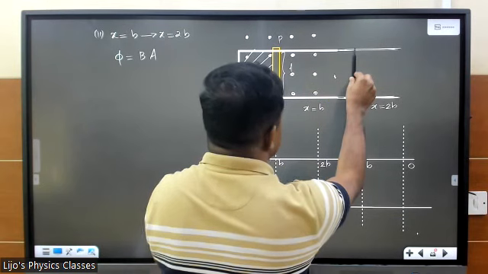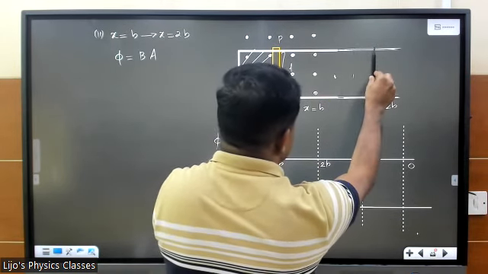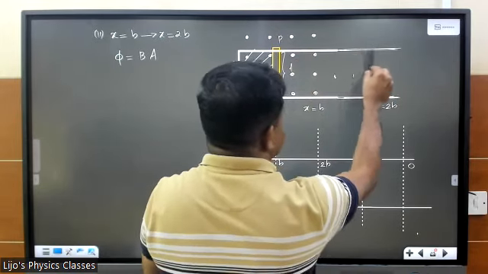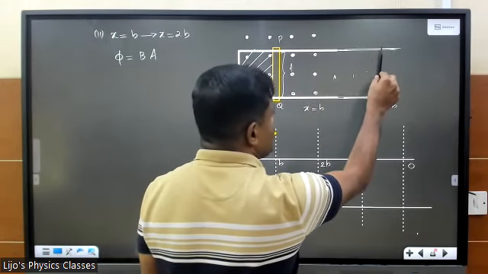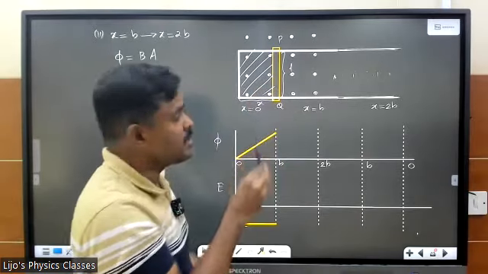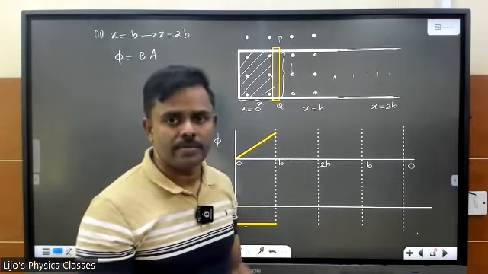Even if the conductor is here, the same flux is associated with it. No matter where the conductor is, flux will still be the same because the entire flux is linked with the circuit now.